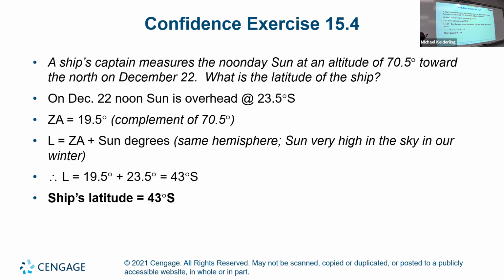So the zenith angle is going to be the complement of 70.5, 19.5 degrees. We're in the same hemisphere, so we will add the zenith angle and the degrees of the sun. So this will be 19.5 degrees plus 23.5 degrees. It'll be 43 degrees south. This ship is at 43 degrees south.